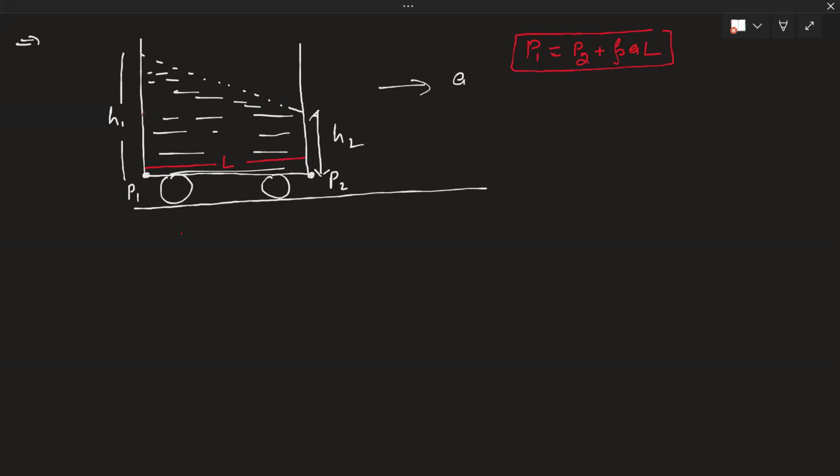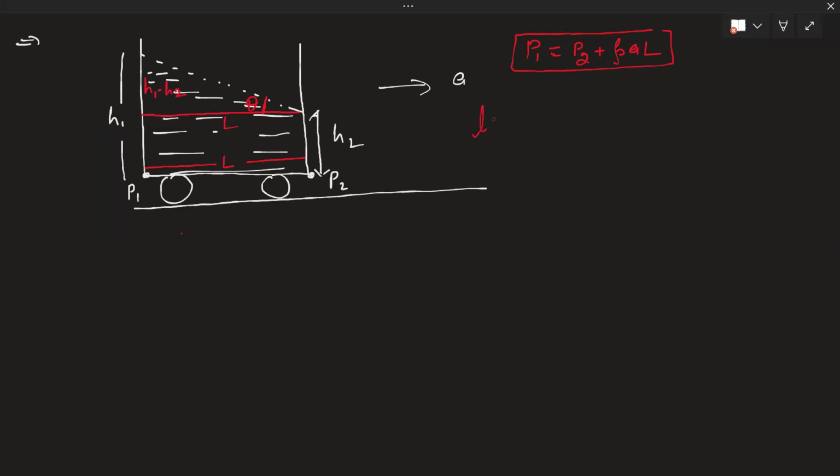And if I draw this incline, let's suppose this angle of inclination is theta. So this will also be L, and this height will be h1 minus h2.